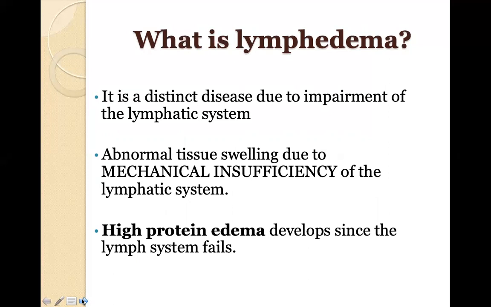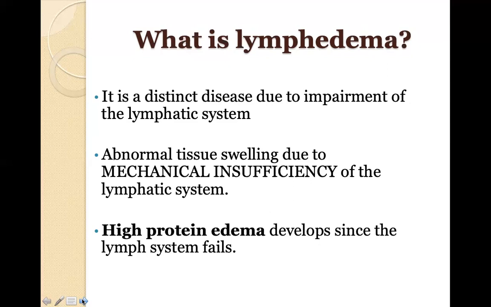Here you have abnormal tissue swelling due to mechanical insufficiency of the lymphatic system. So it's not necessarily that there's an onslaught or a sudden increase in fluids being poured into the interstitium, but rather a lack of removal of that fluid through the lymphatics.